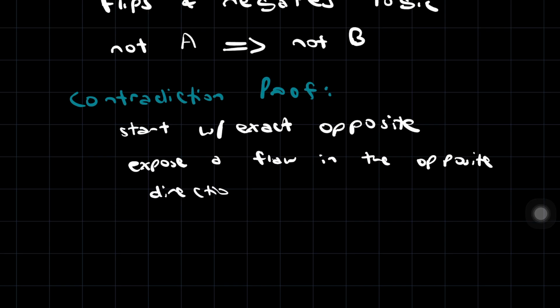Because mathematics can never contain a contradiction, your logical trap snaps shut, and this ultimately proves that the opposite assumption is impossible, which means your original claim is the undeniable truth.